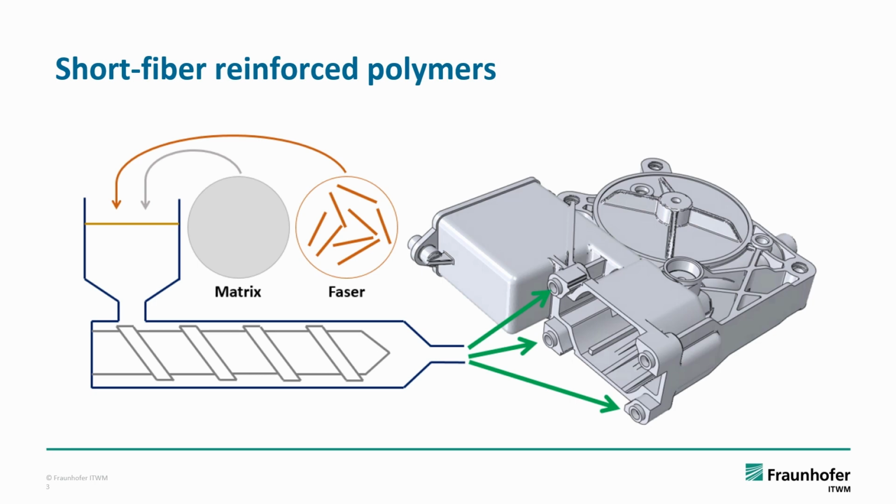This kind of process is very good for a high number of produced components. It can be optimized quite easily, and it's rather easy to produce this kind of components.